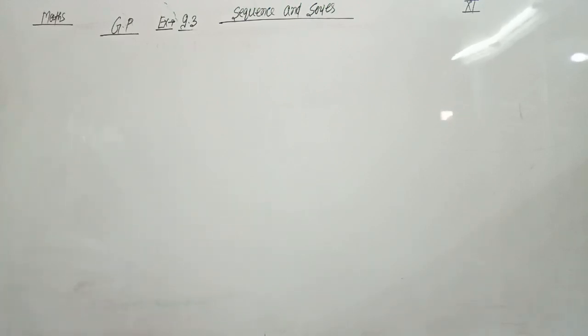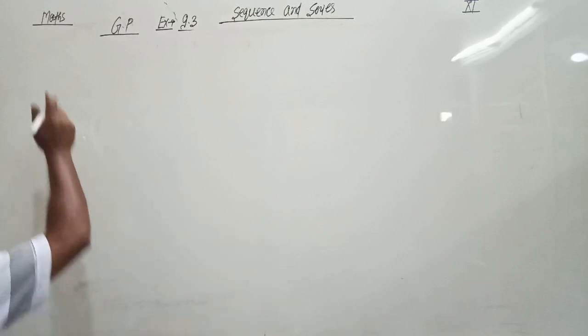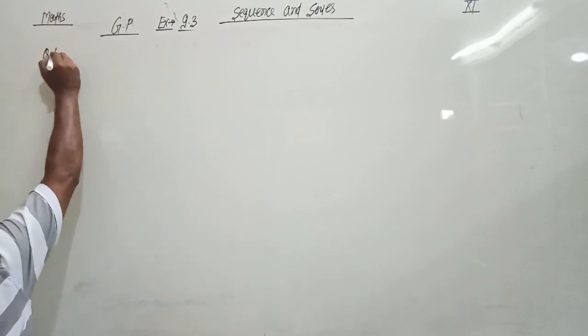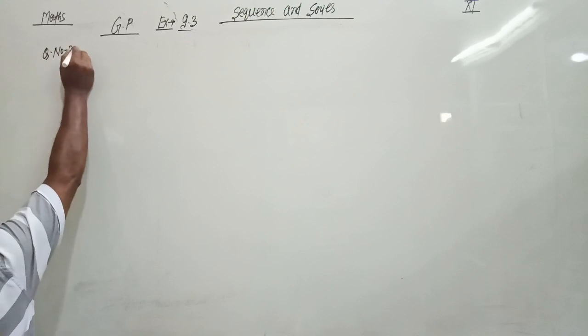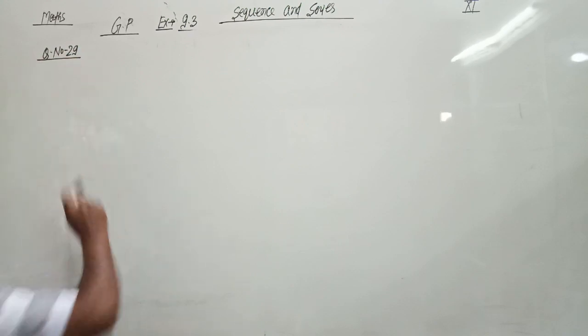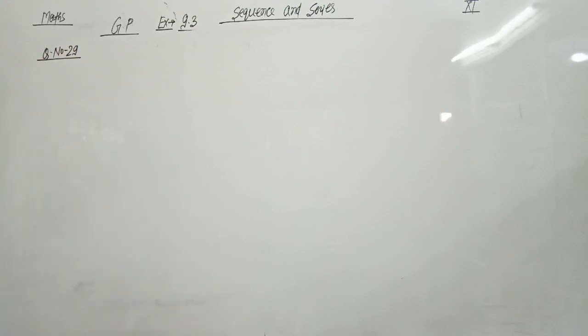Question number 29. A and G be the AM and GM between two positive numbers.